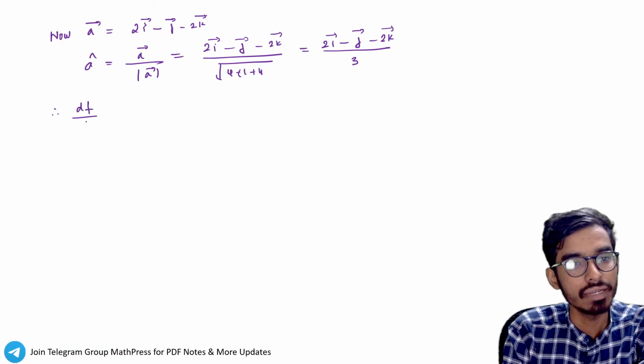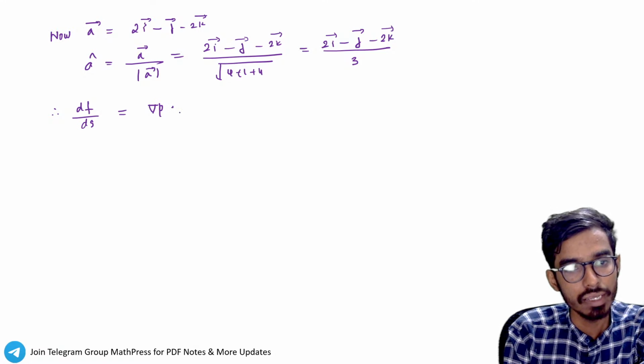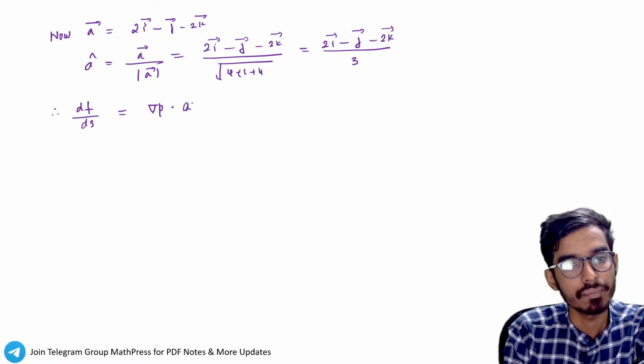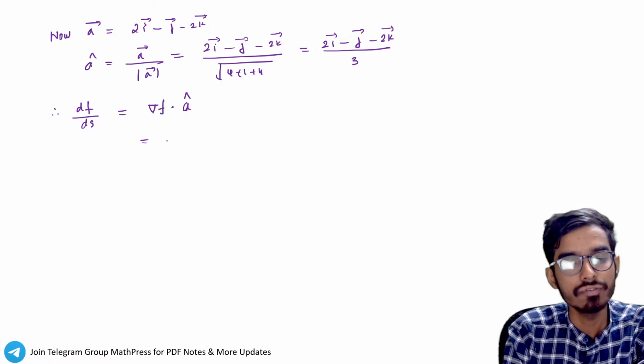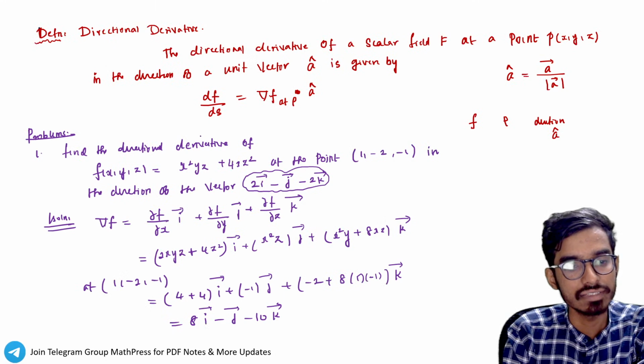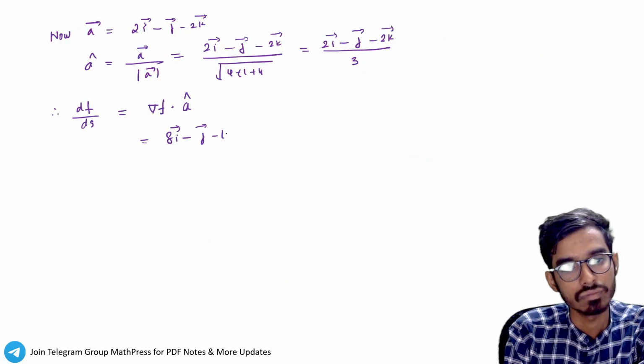Therefore, the directional derivative is given by del phi at P dot a cap. So del f is 8i minus j minus 10k dot a cap. So a cap is 1 by 3 times 2i minus j minus 2k.